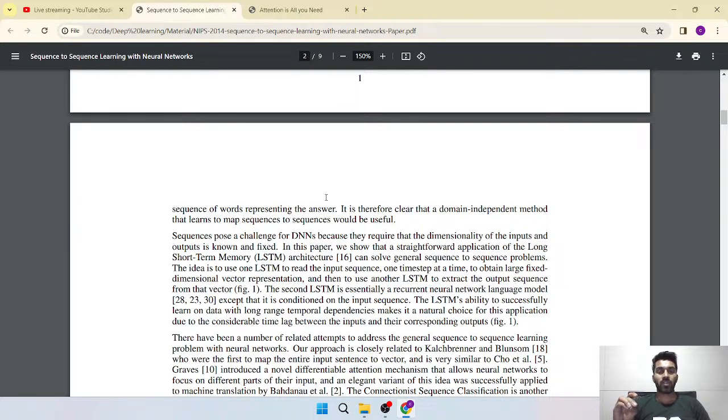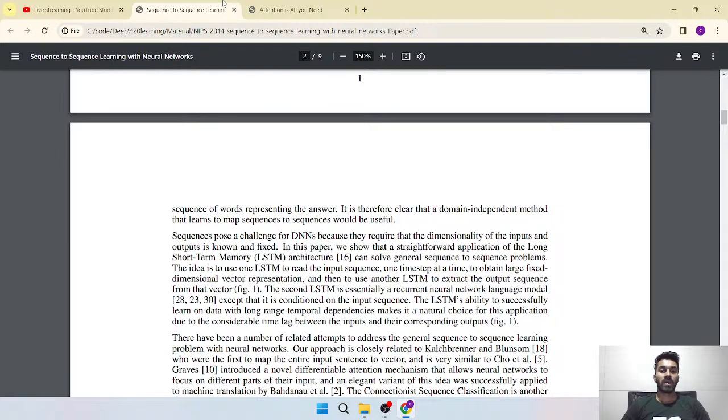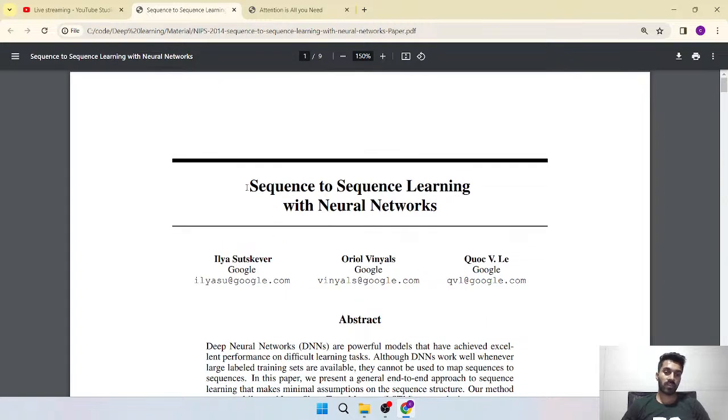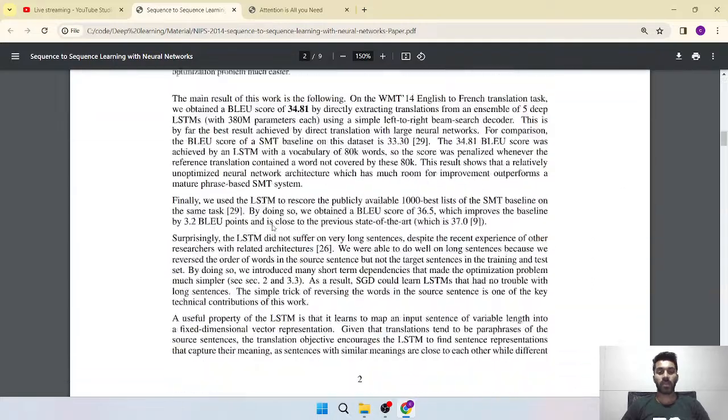To resolve this problem, scientists introduced the "Attention Is All You Need" paper, which is the best paper they have released. We will also teach three or four types of sequence to sequence models in other sections.